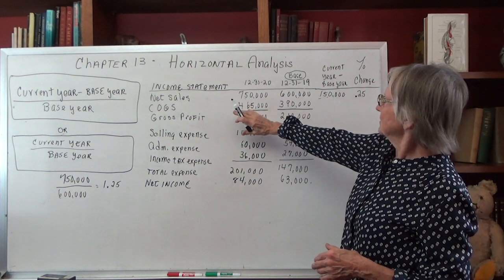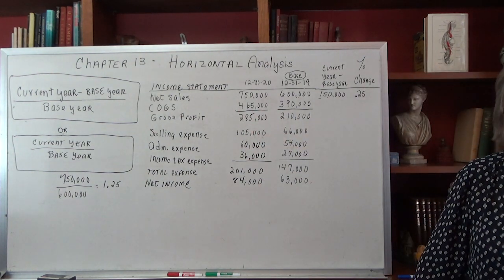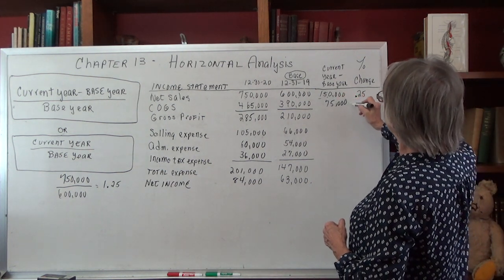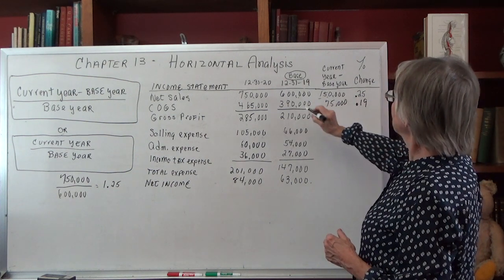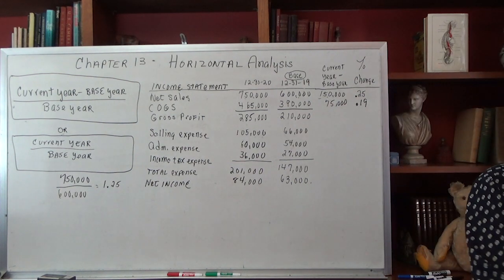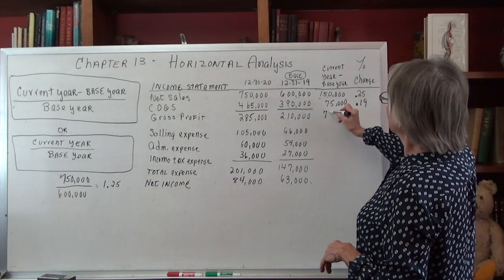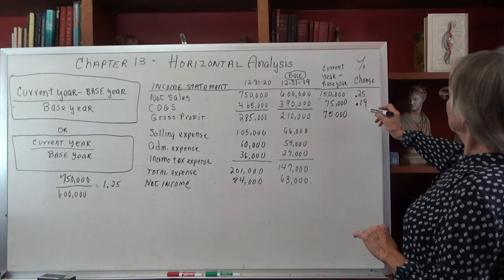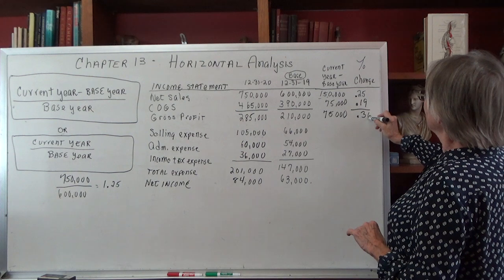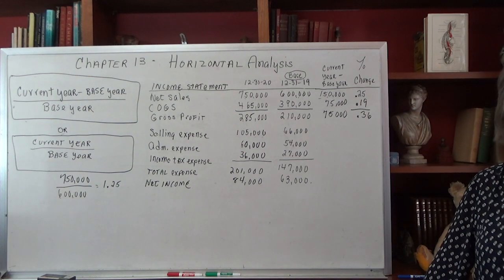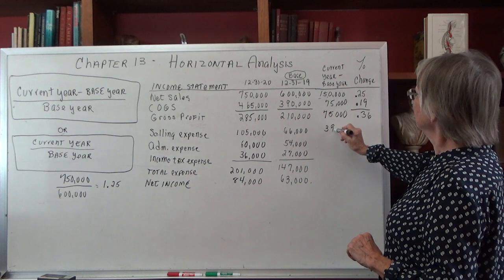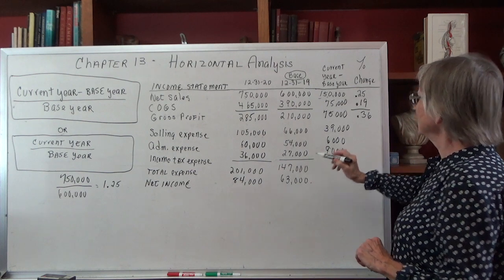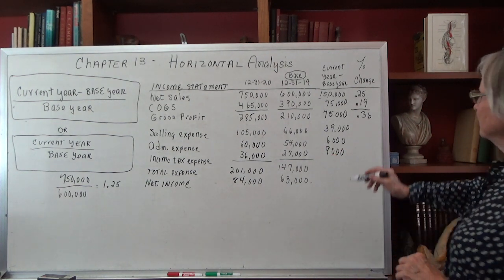Cost of goods sold. The current year minus the base year would give us 75,000. And when we do 75 divided by 390, you'd get 19. Is that 75,000 as well? Oh, it is, it comes out the same. And then it's 36. And so when we go down, we're just doing the percent change, the actual changes here, and then we do the percent change.